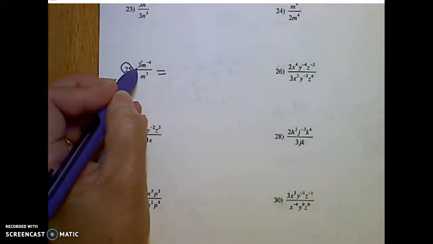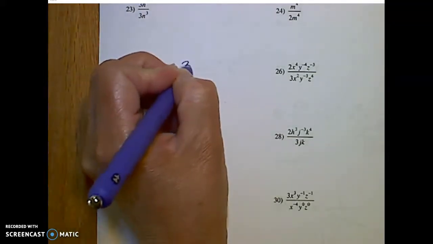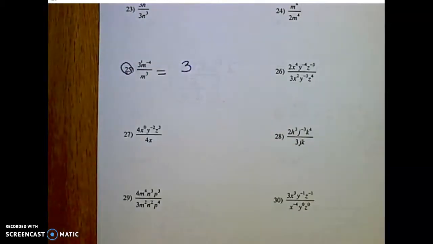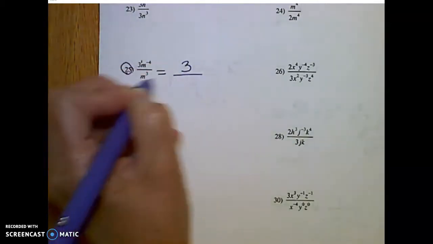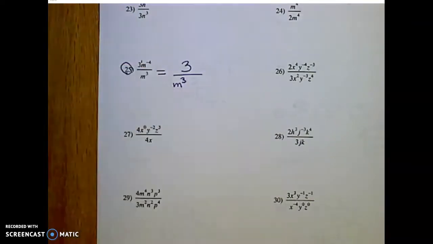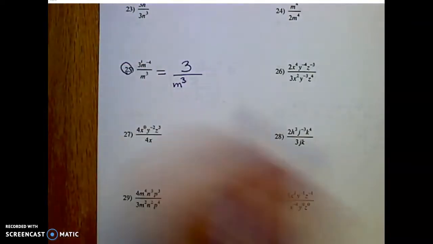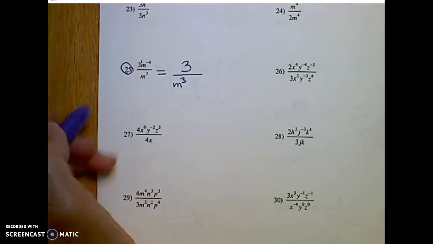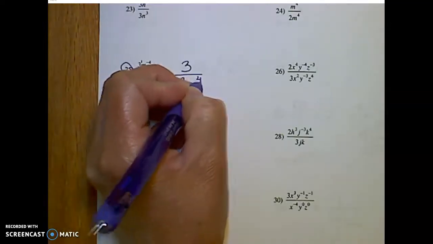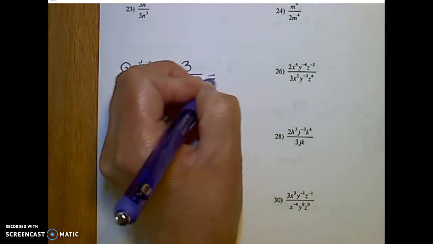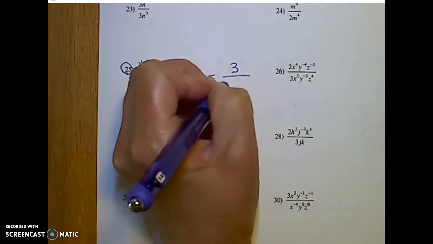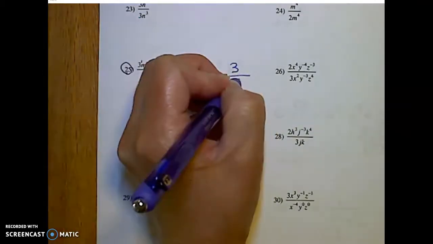That coefficient does not move. The 3 stays, just has an exponent of 1. M to the third stays in the bottom. But that m to the negative 4, there's your negative exponent that moves down. This becomes 3 over m to the, add those exponents, 7.